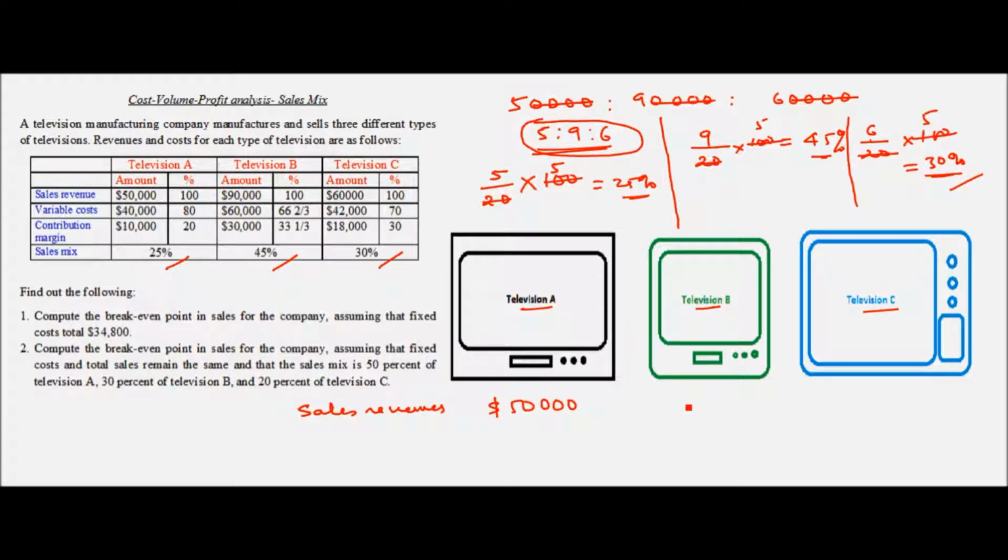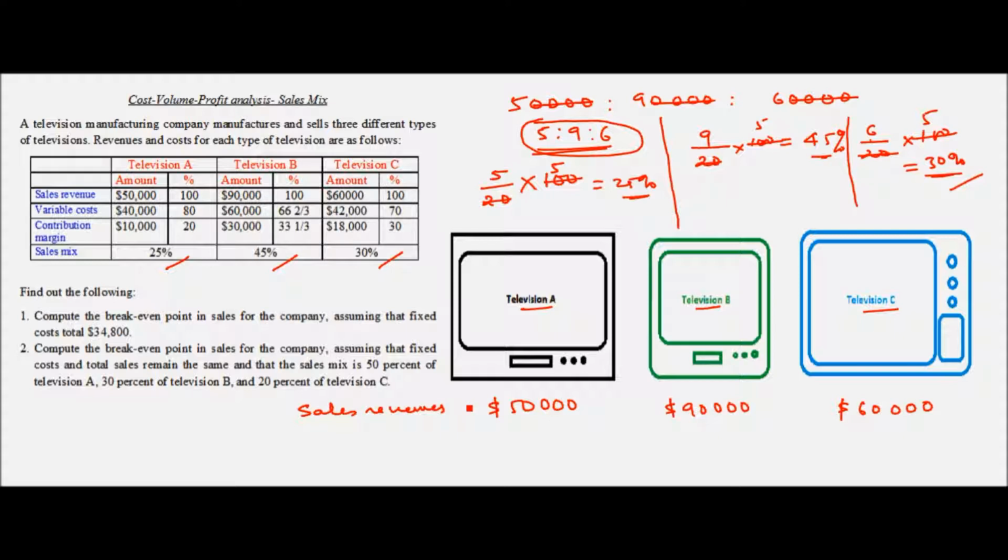Television B has a sales revenue of $90,000, and television C has a sales revenue of $60,000.